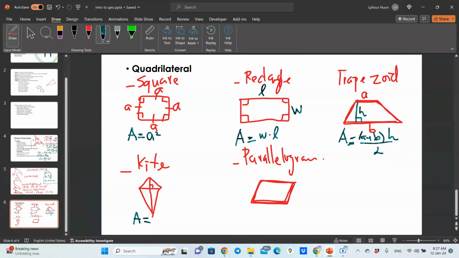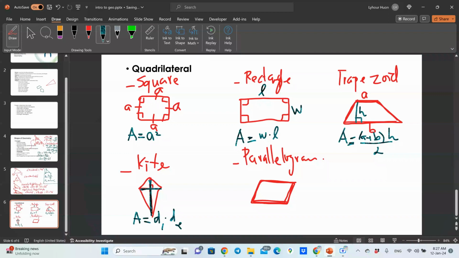So the area of the kite is diagonal 1 times diagonal 2. This is diagonal 1, this is diagonal 2. So the two diagonals multiply. This one times this long one. So multiply the diagonal with the diagonal, that's the area of the kite.